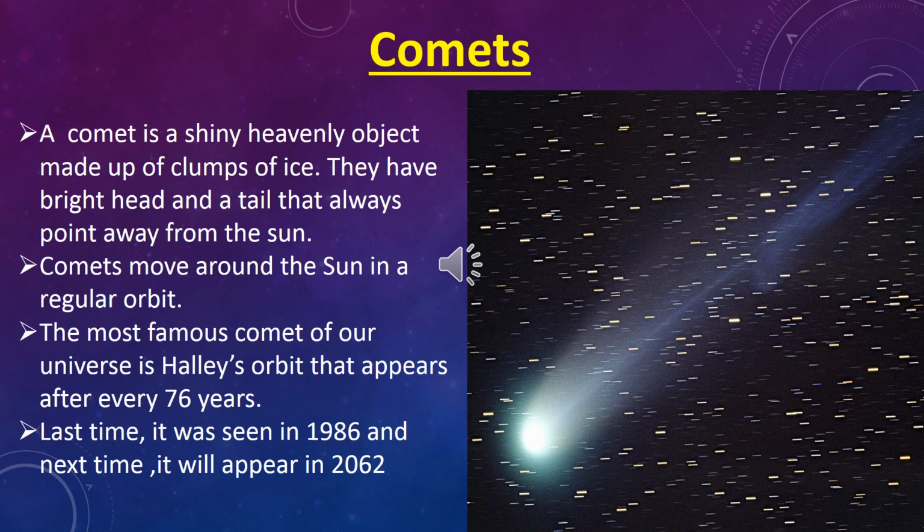The most famous comet of our universe is Halley's Comet, that appears after every 76 years. Last time it was seen in 1986 and next time it will appear in 2062, which means we have to wait 42 more years to see it.